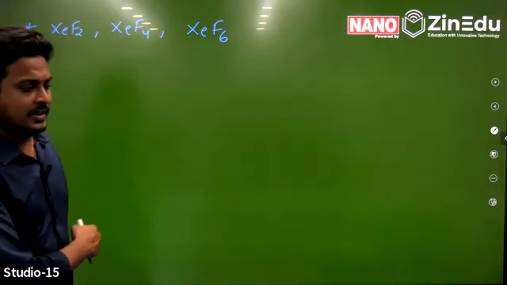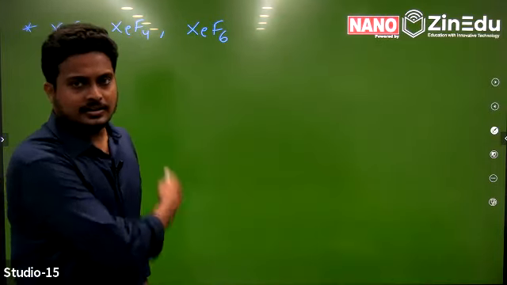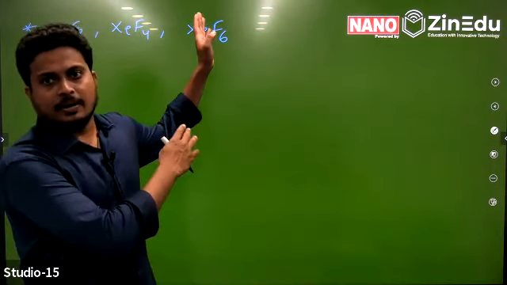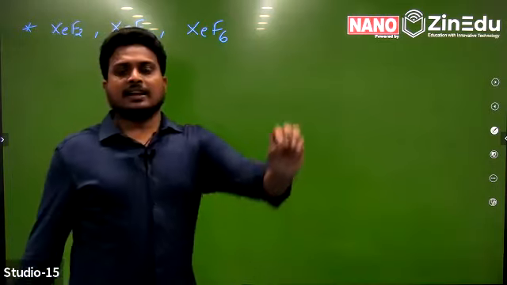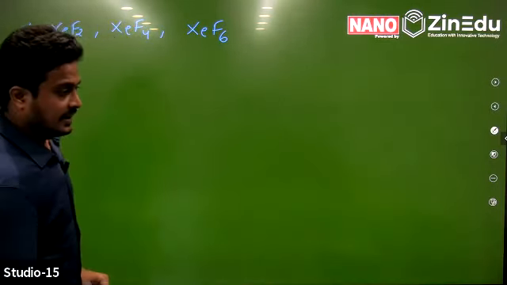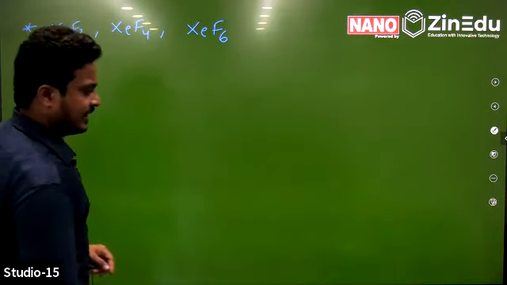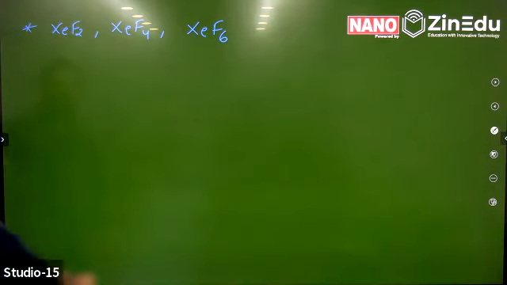How many electrons does it have in its valency shell? 8 electrons. All inert gases, zero group elements, have 8 electrons in their valency shell, the octet configuration.